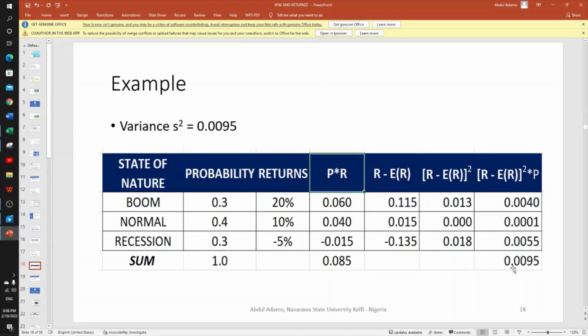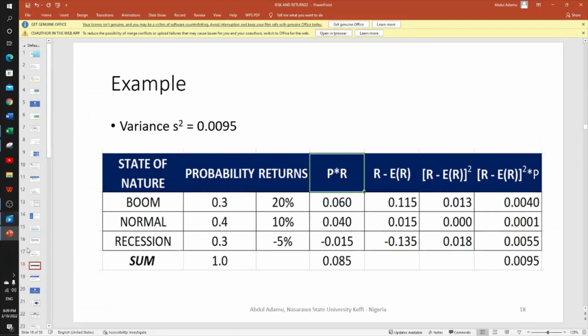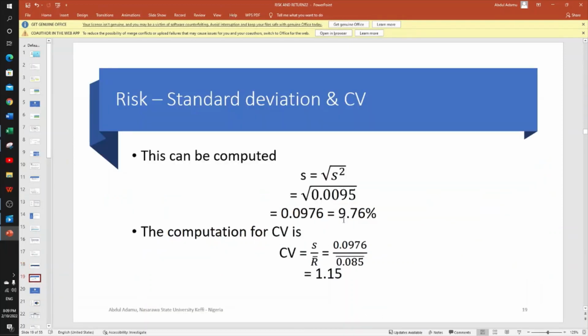So to calculate the standard deviation, you just take the square root of the variance. So if we take the square root of variance, we have 0.0976, which is 9.76%. You can see our variance, we have not put any unit of measurement, but for our standard deviation, we have put a unit of measurement. We can express it as percent.